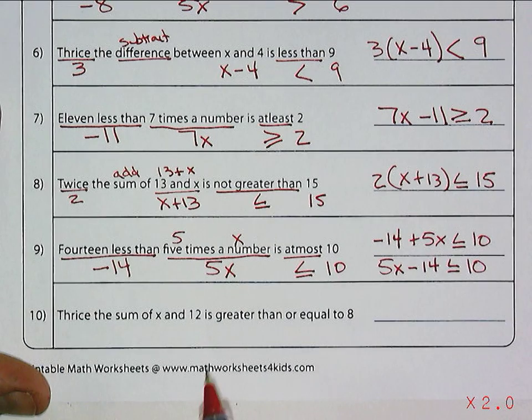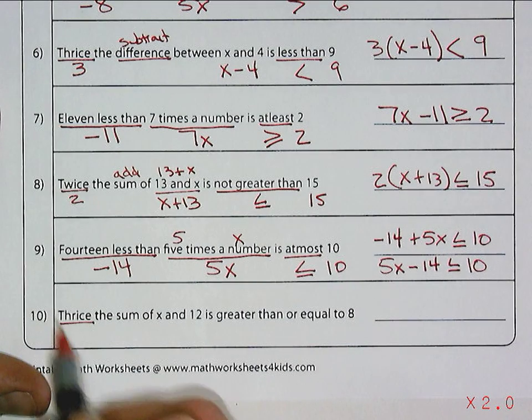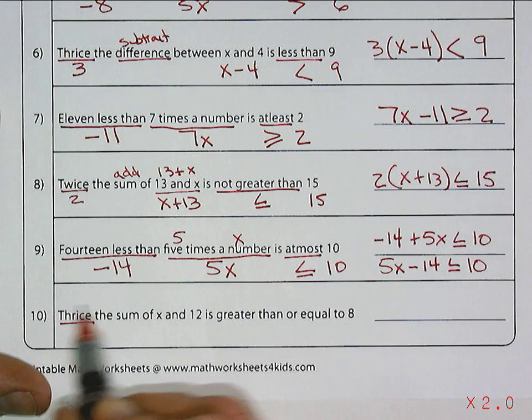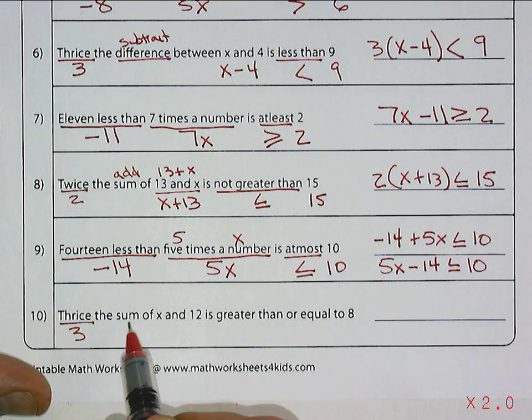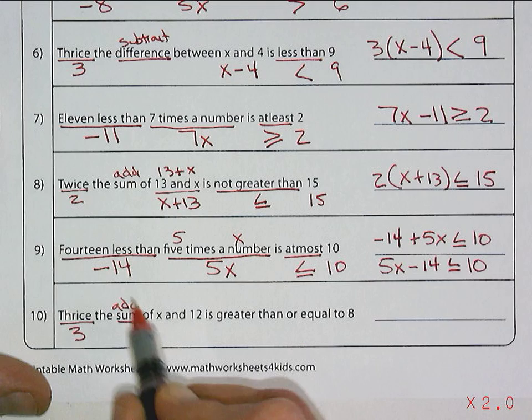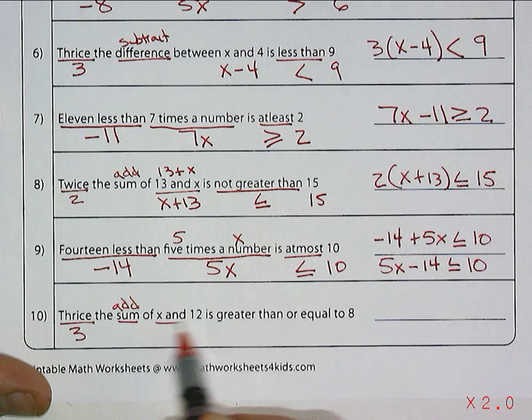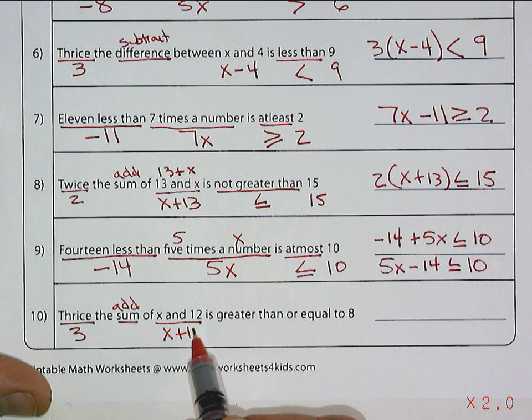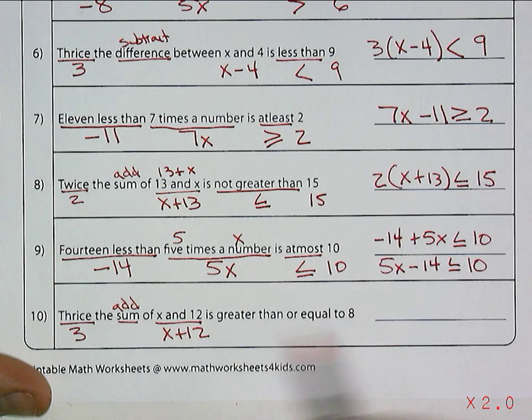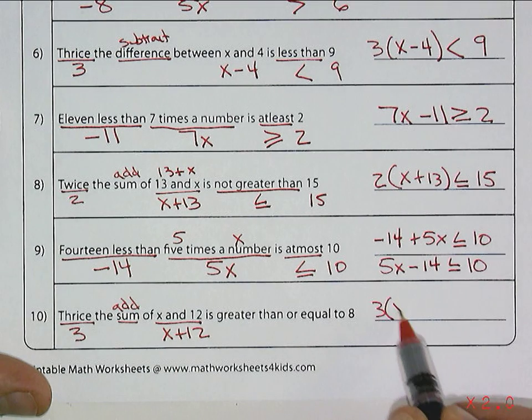And then the last example, thrice, there's that oddly rarely used term. Thrice is 3. So thrice the sum, there's addition of x and 12, so that's what I'm going to add. So x plus 12. So 3 of these, which means I need parentheses.